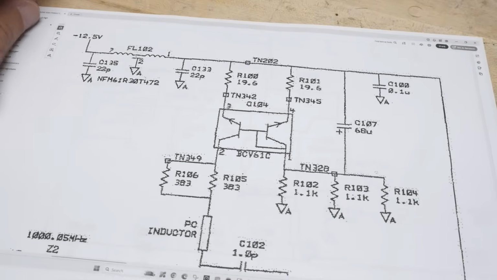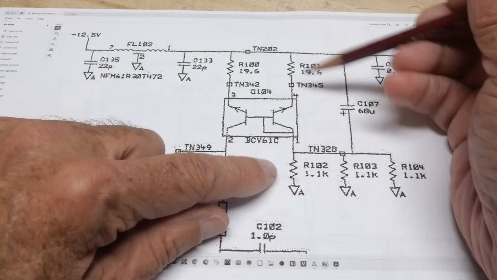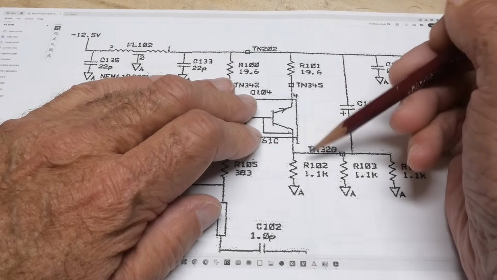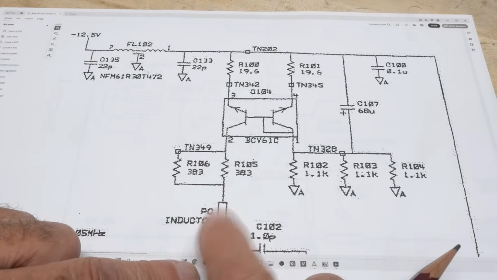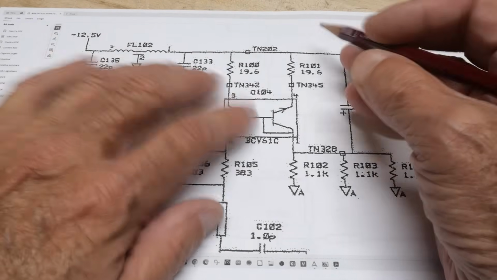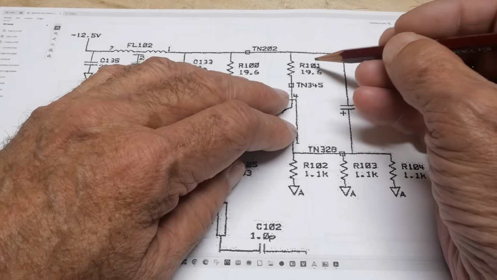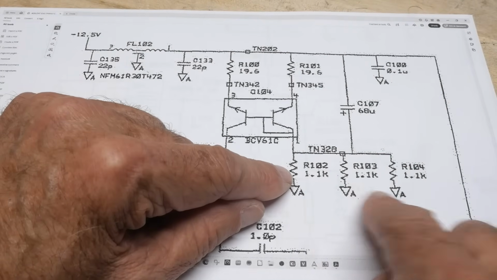Okay, they're getting fancier. They're going to use a current mirror. They're going to set up a current over on this side, and mirror it over on this side, which goes into our transistor down here. So we have minus 12 and a half volts, and we have 19.6 ohms, and we have 1.1K ohms tripled.